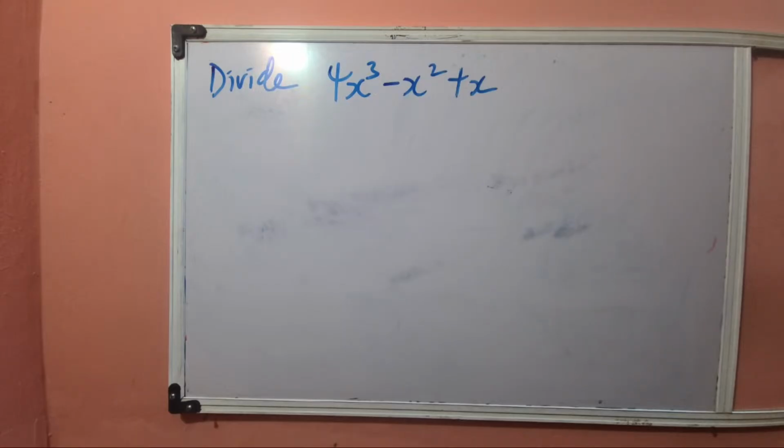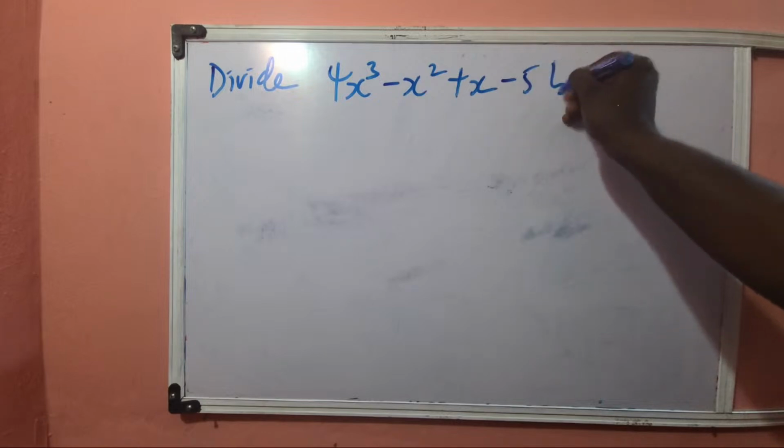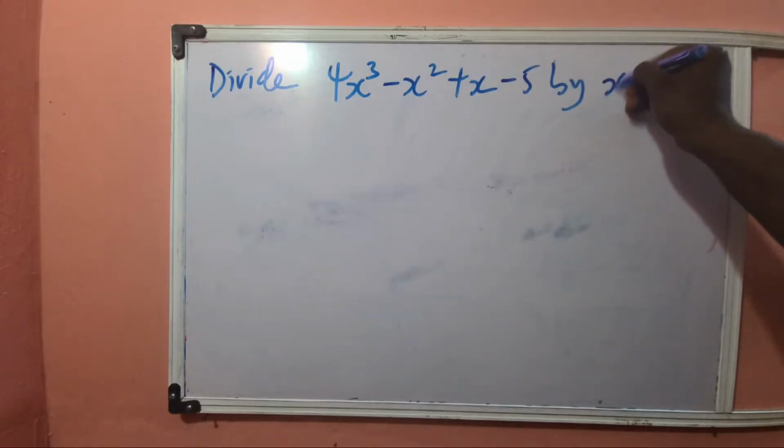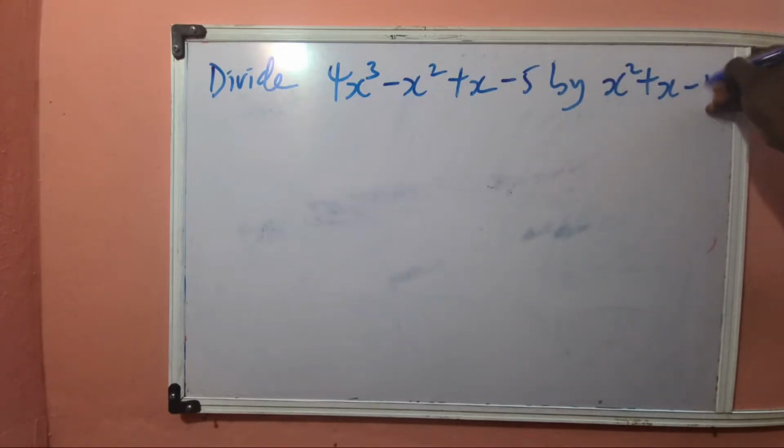You are supposed to divide that by another polynomial, x squared plus x minus 1. All right. So I would love you to make an attempt using exactly what I just explained for this question.